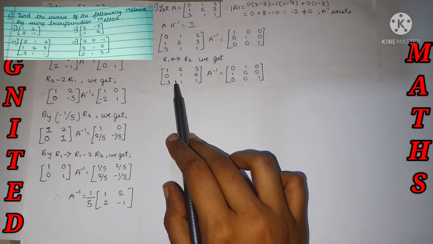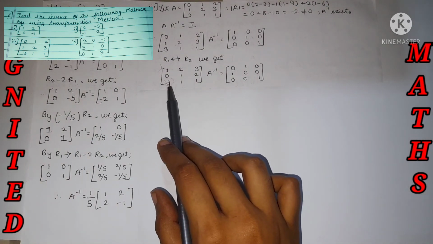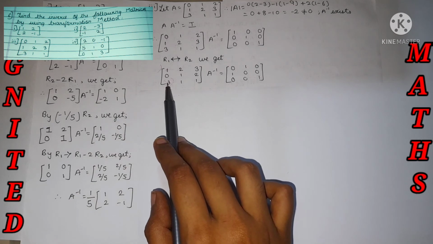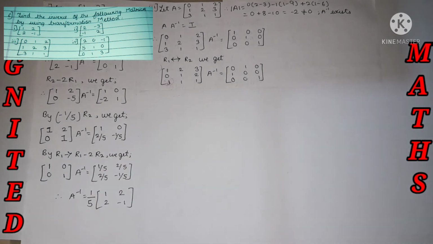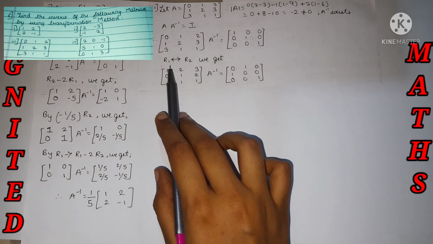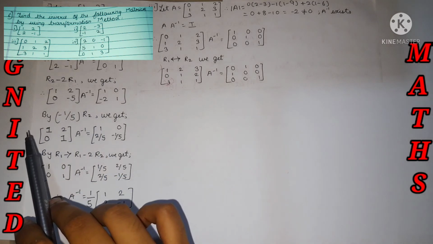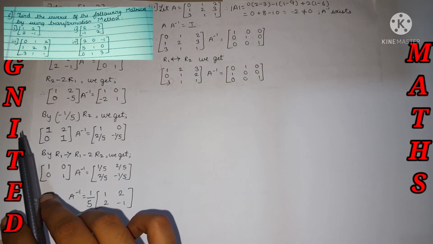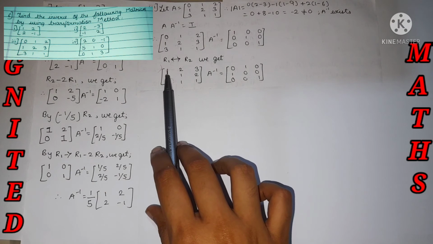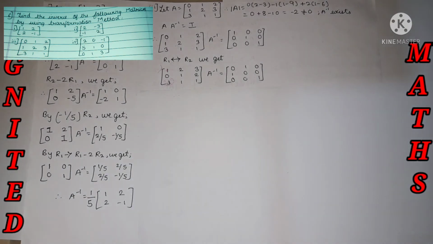Now over here we need to bring it as 0, so I do R3 minus 3R1. For that purpose I made this 1 so that the calculation is simpler. The most important tip is to take this element as 1 by doing any transformation; the rest of the transformations will come automatically.